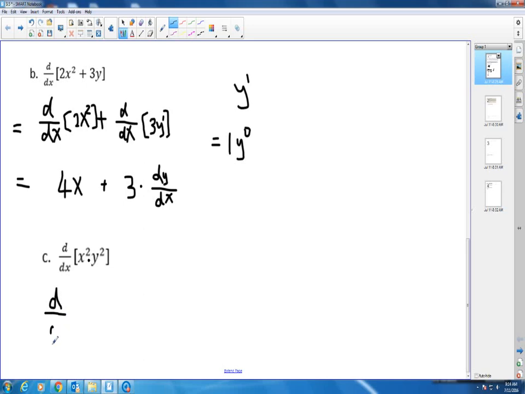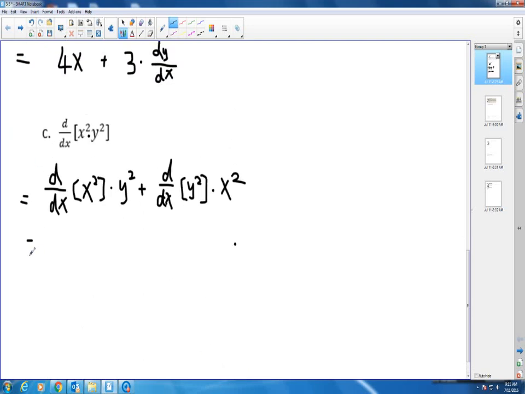I'm going to take the derivative of x squared, the derivative of the first, times the second, plus the derivative with respect to x of the second, times the first, which is x squared. Okay, using the product rule.